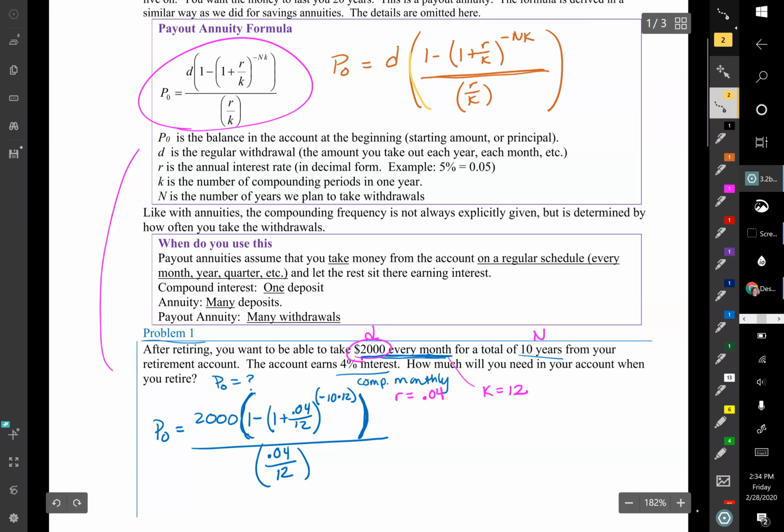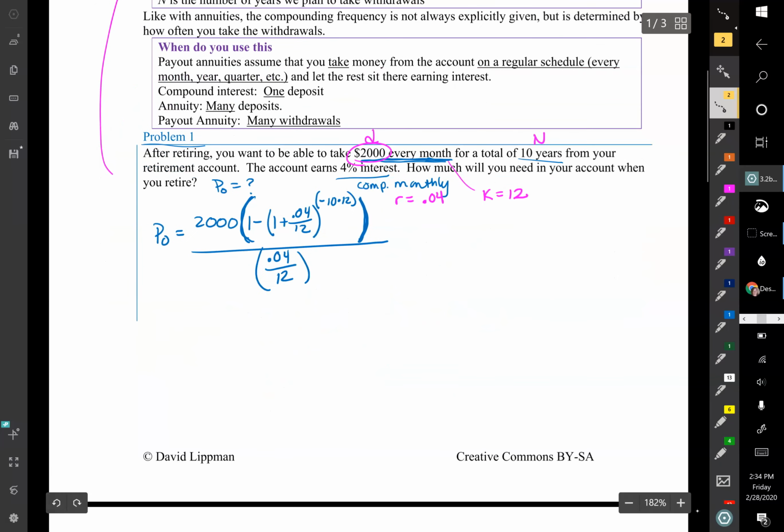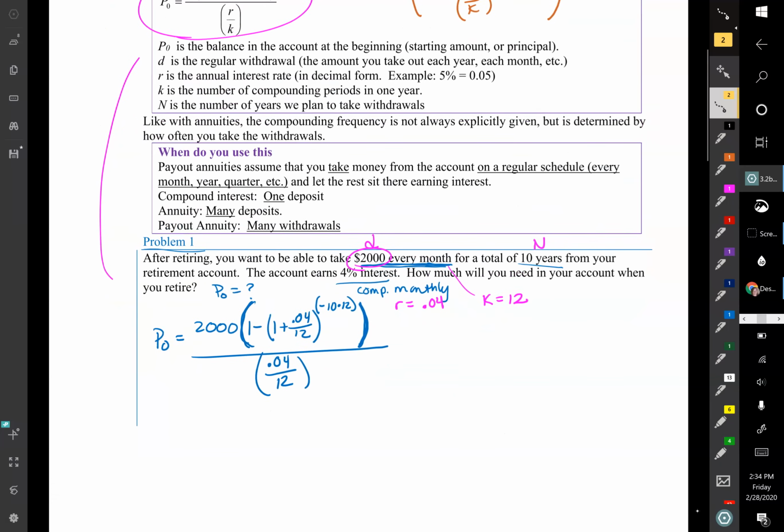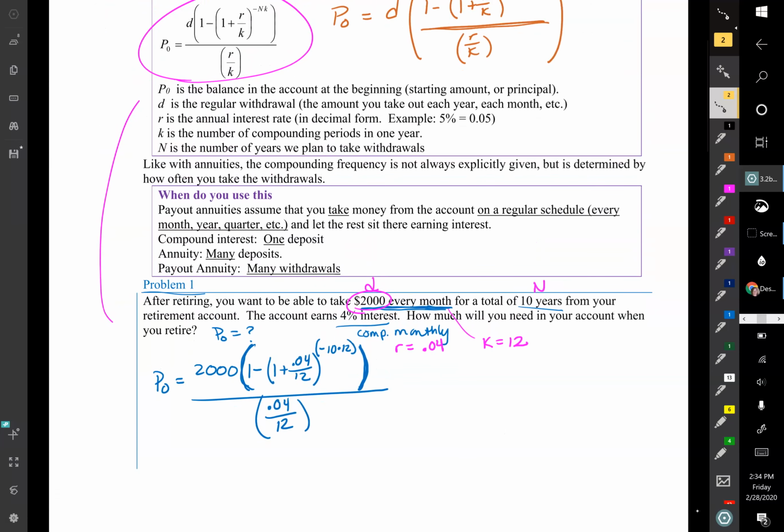They're mathematically equivalent. And remember, we have multiple withdrawals or payments. I'm going to leave the formula there and use this version in the upper left.